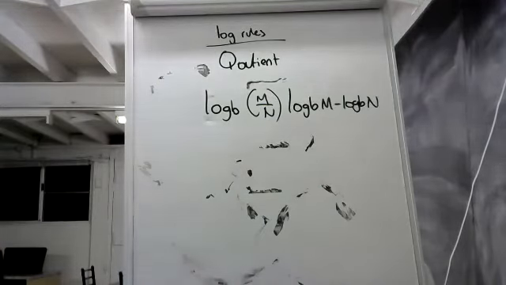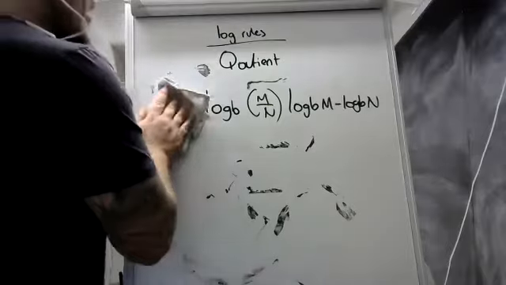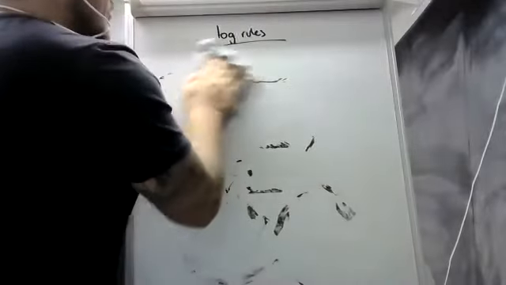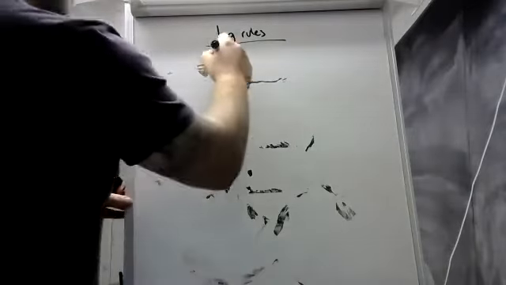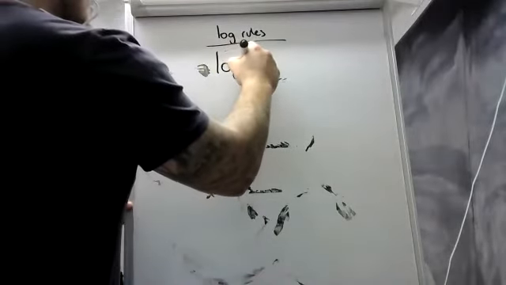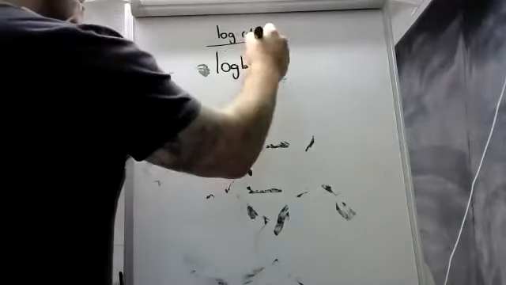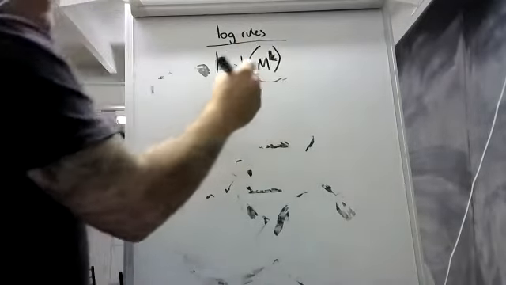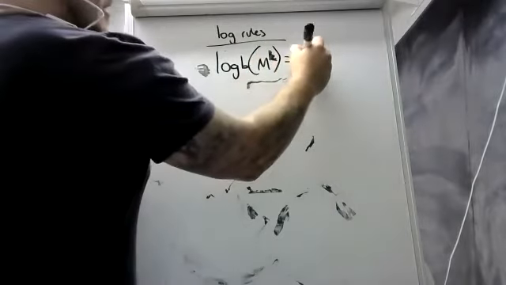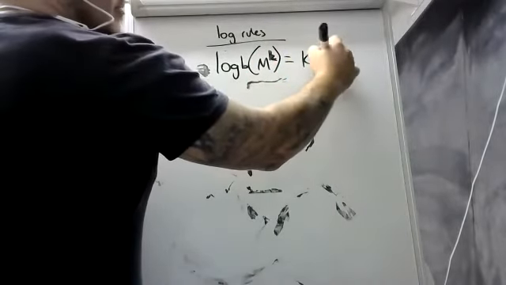So we've got the power rule. Again, you should be seeing the similarities here between the exponents and the logs. So the log b of m to the power of k is equal to k times the log of m.